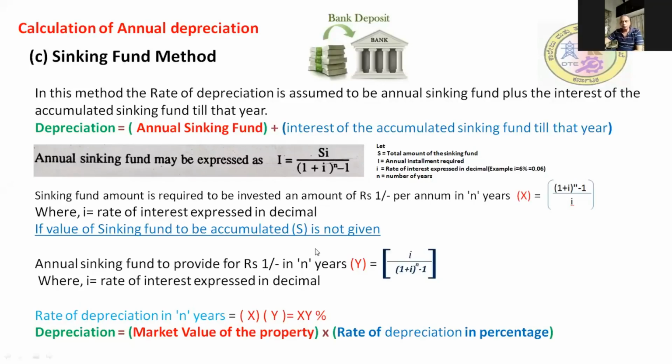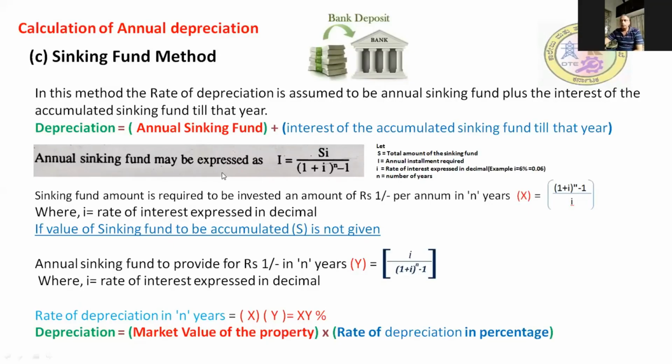Generally, it is the amount accumulated at the end of each year to replace the structure. So the value of the sinking fund is S, to be accumulated in the lifespan of N, so that every year we have to deposit an amount of money to accumulate the sinking fund S.